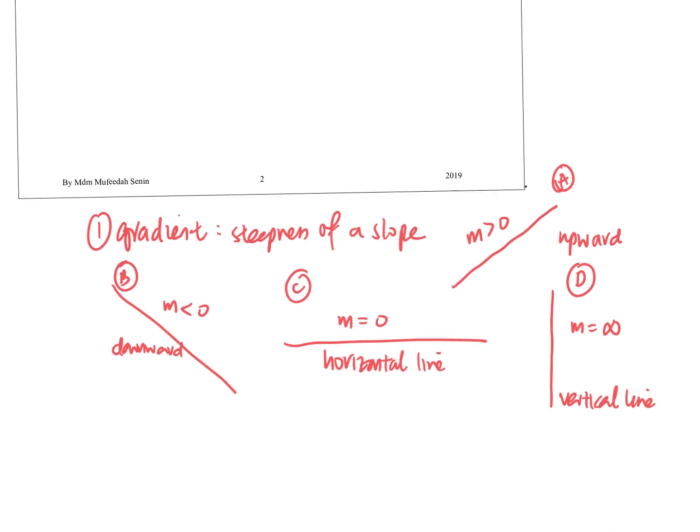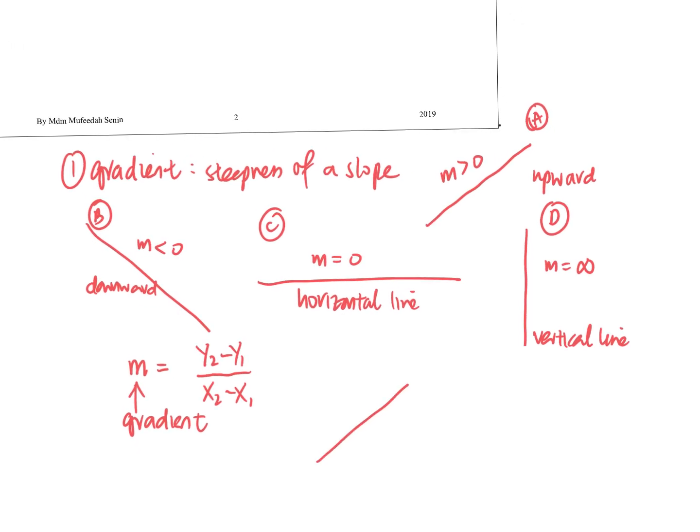We learned that the symbol to represent gradient is a small m. The gradient formula you all learn is y2 minus y1 over x2 minus x1. Basically, it's just the change in the value of y. So this is at y2, this is at y1.